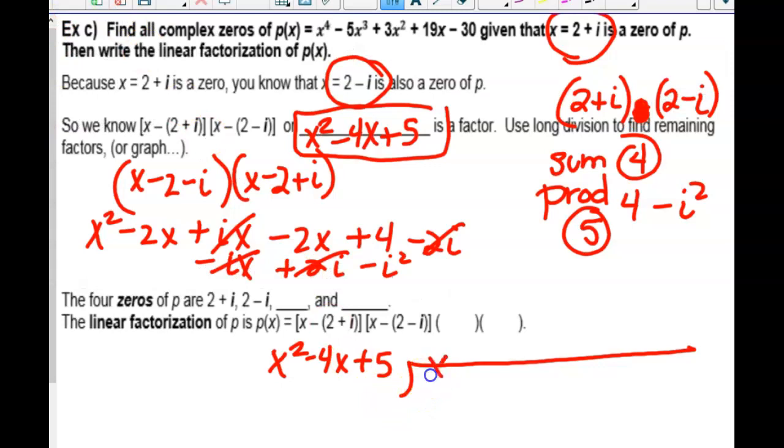Okay, the original polynomial was x to the 4th minus 5x cubed plus 3x squared plus 19x minus 30.